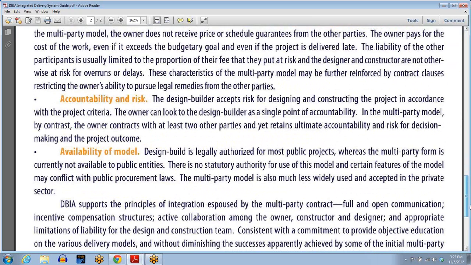which can be more of a challenge when a design builder is providing both the architect and the construction, to be willing to let someone else come in that they're not controlling, because you've lost one of the benefits of design build, which is to have one party responsible for both the design and the construction, and that's a positive, a pro.